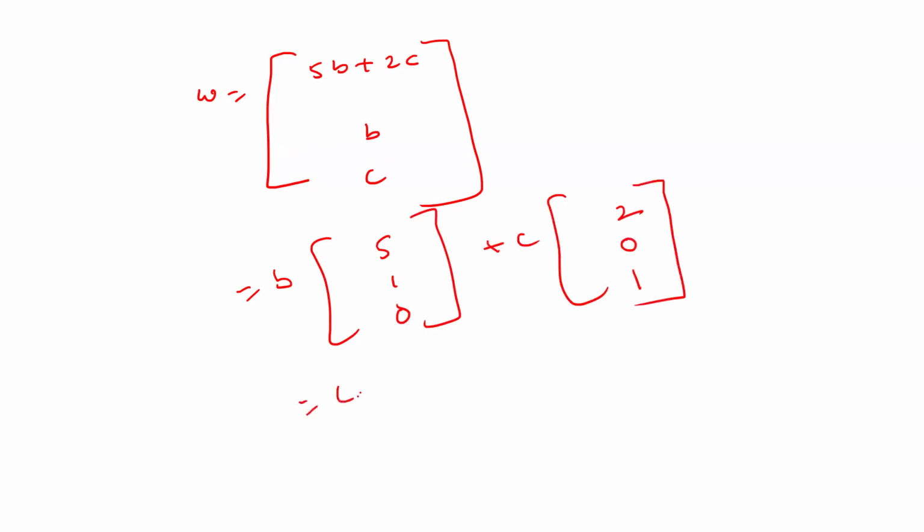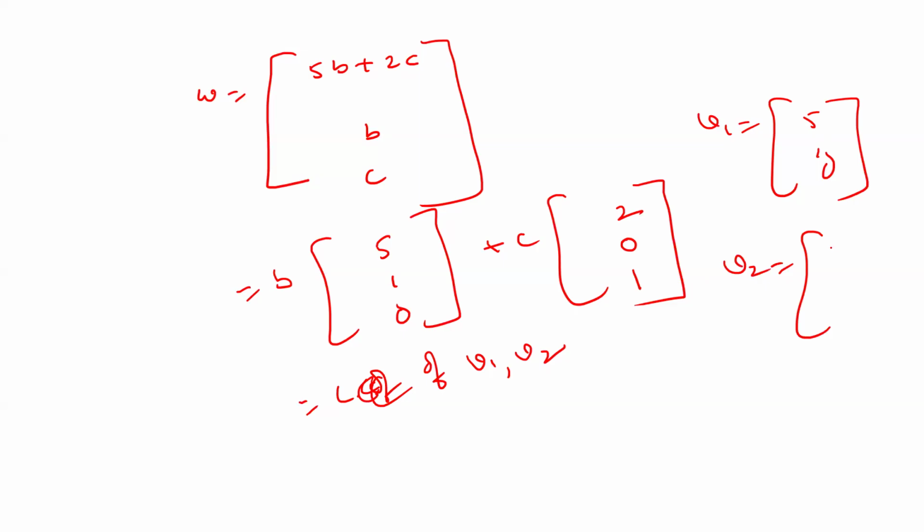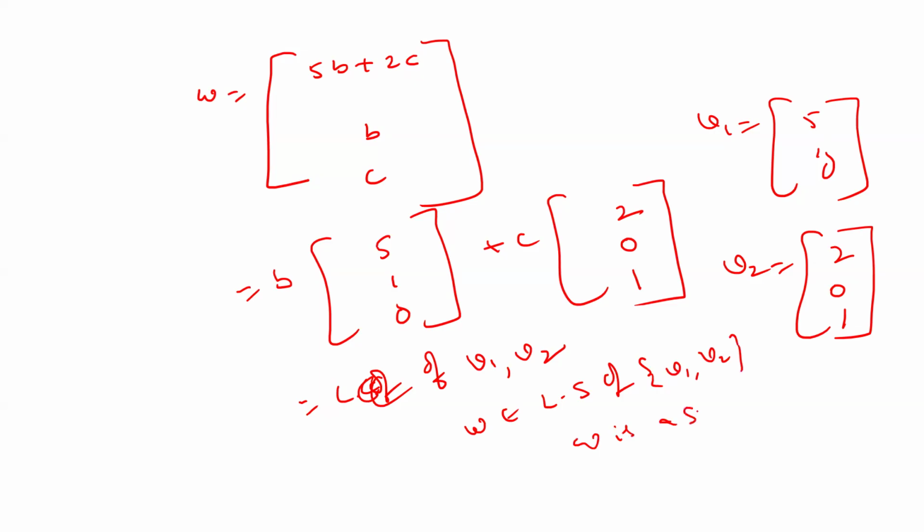So W is a linear combination of v1 and v2. v1 is (5, 1, 0). v2 is (2, 0, 1). Therefore, W belongs to the linear span of v1, v2. Therefore, W is a subspace.